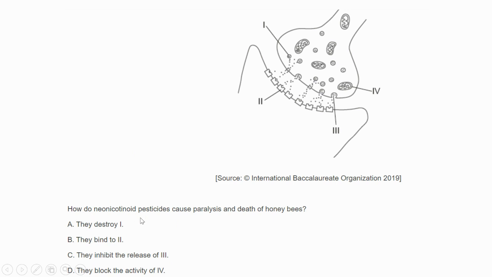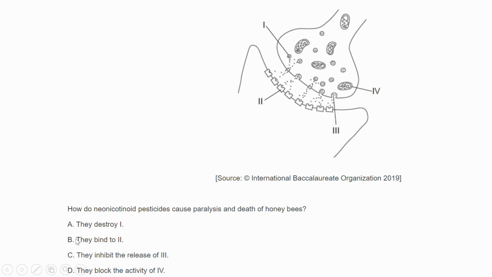How do neonicotinoid pesticides cause paralysis and death of honeybees? Honeybees are insects, and we know that neonicotinoid pesticides are designed to work on insects. So what do they do? A, they destroy number 1, a vesicle with the neurotransmitter acetylcholine inside. No, they don't destroy that.